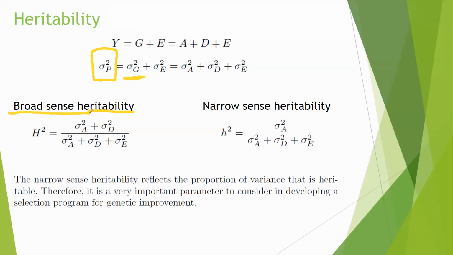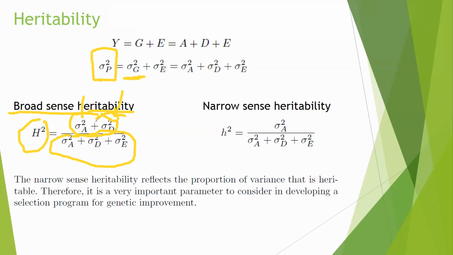The broad sense heritability uses the capital H squared. It means, among the total phenotypic variation, which is the sum of these three parts, what is the proportion that can be explained by the genetic parts? Because there are two parts due to the genetics, either the breeding part, the additive part, or the non-additive part.